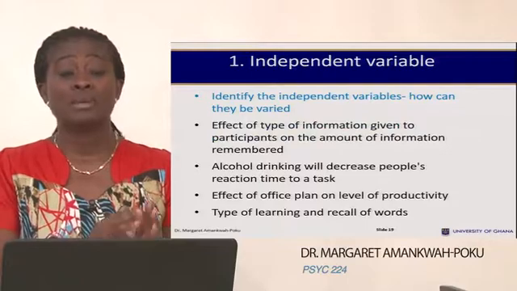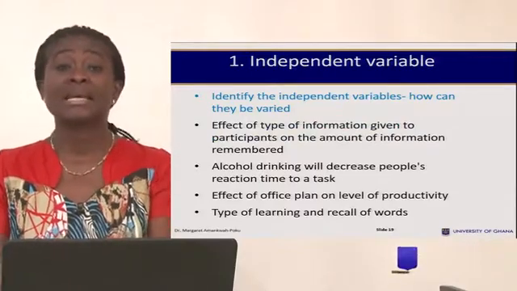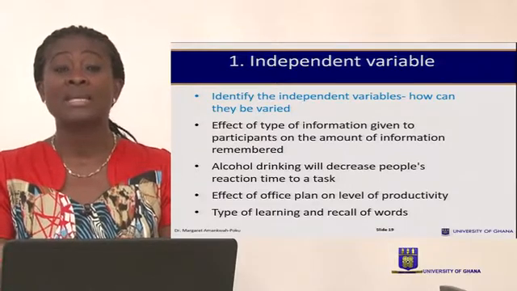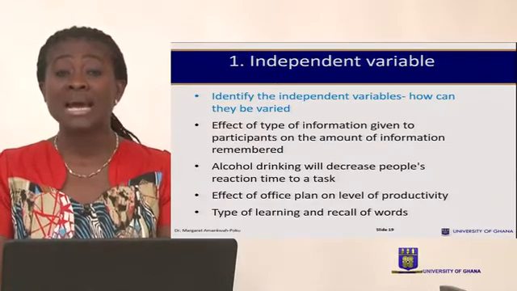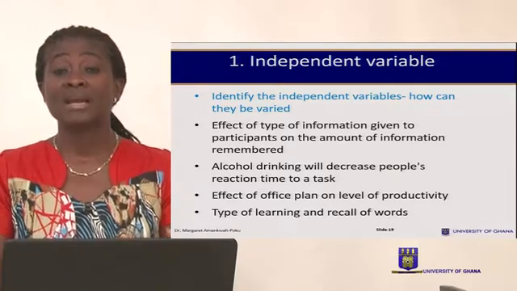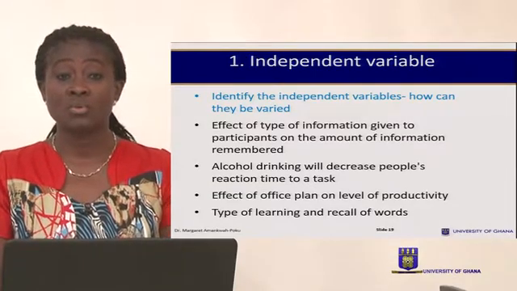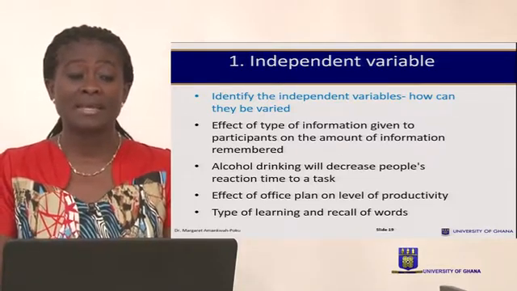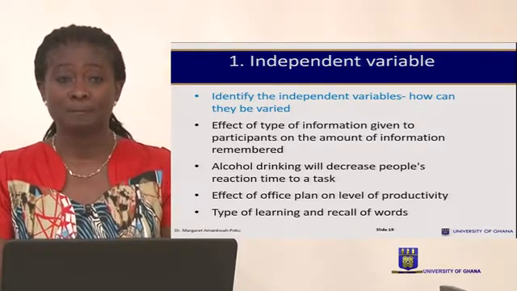So for one, the information will be organized. For the second one, the information will not be organized. So that is how we vary the independent variable, which is the type of information. And then we find out the difference between the 2 groups on a task. I want you to work out the rest of it and identify the independent variables in here.